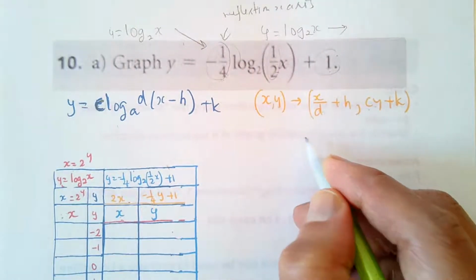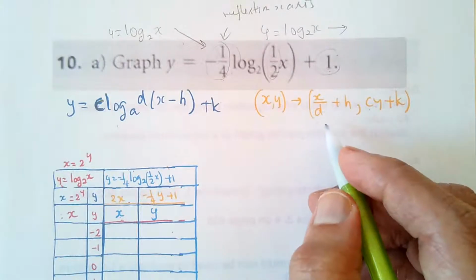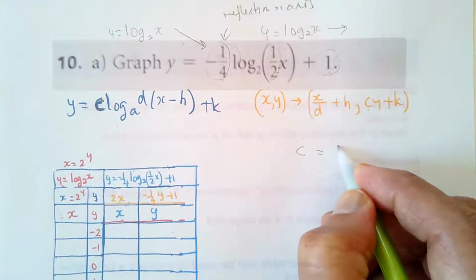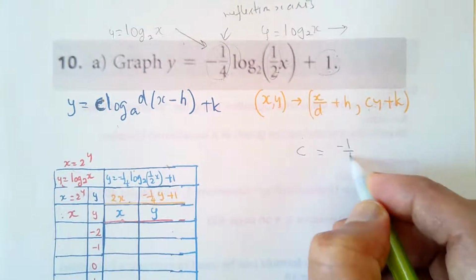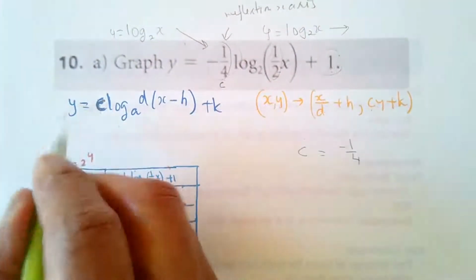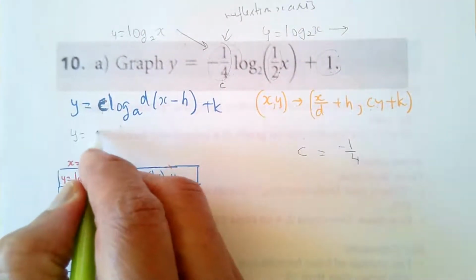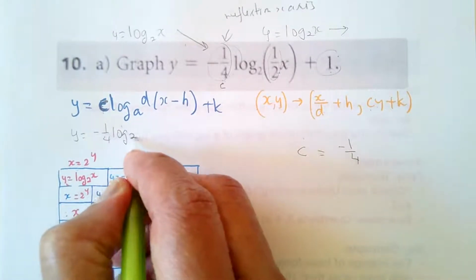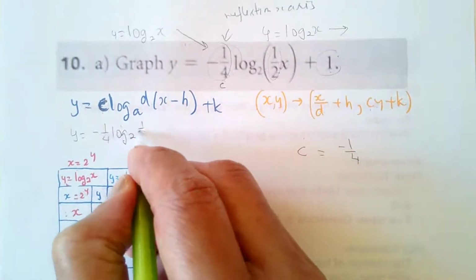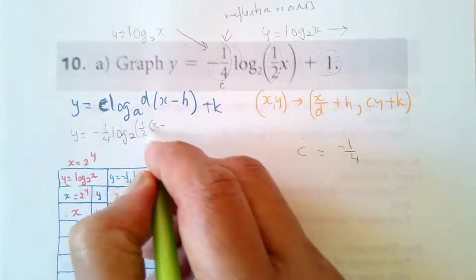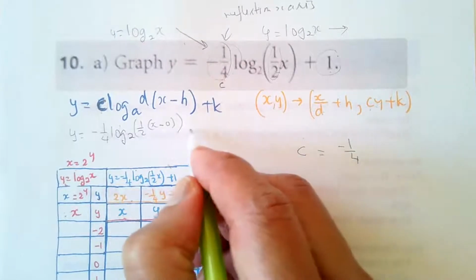From that, we can start from our c first. So we have c equal to negative 1/4. I'm matching here negative 1/4 log base 2 of a half x, and I'll just put 0 here, so it tells me plus 1.